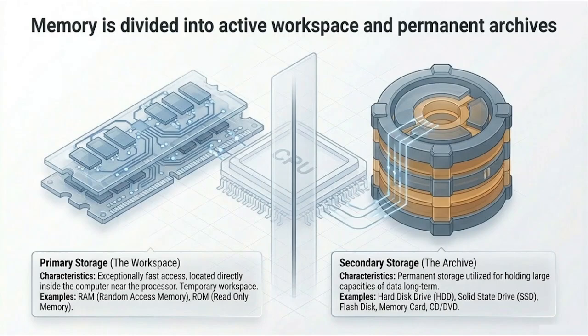Meanwhile, the secondary storage is permanent, and it includes things like your hard disks, the internal ones, and also the external ones, the flash disks, and also the memory cards. Primary memory is used during processing. Meanwhile, secondary memory stores data for a longer period of time.